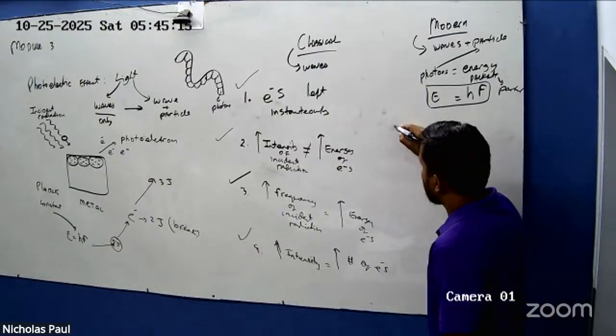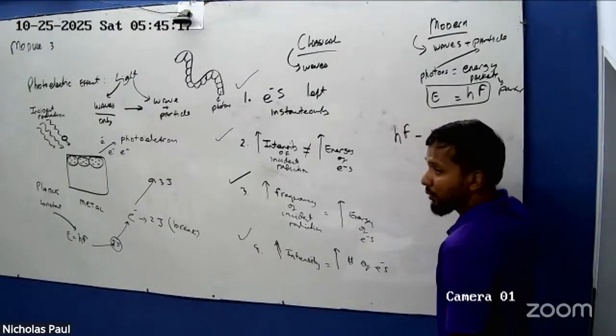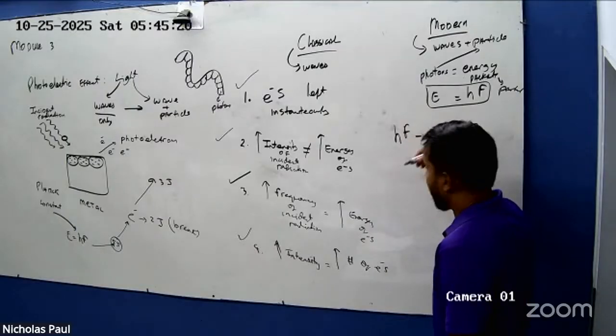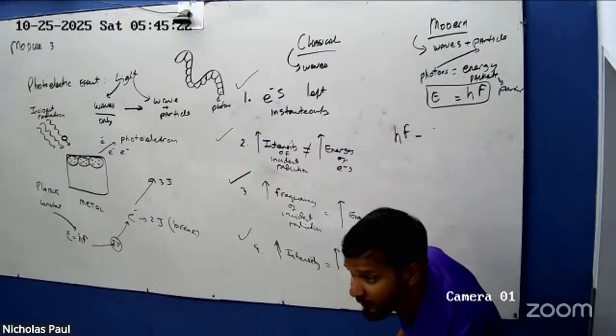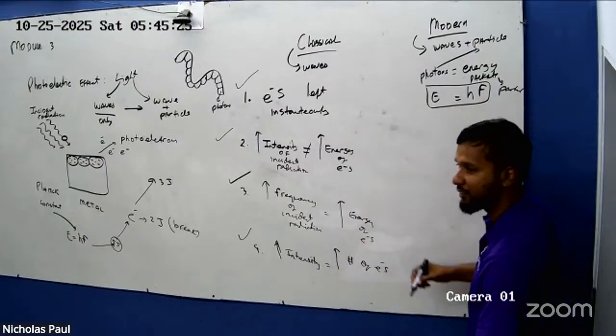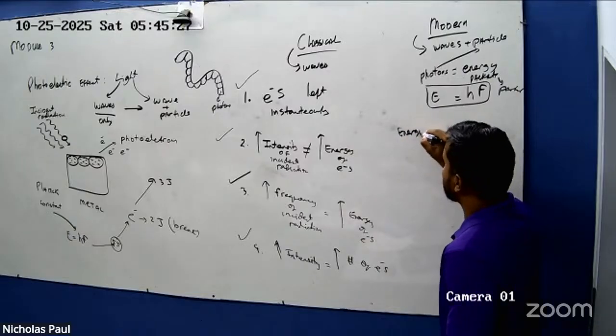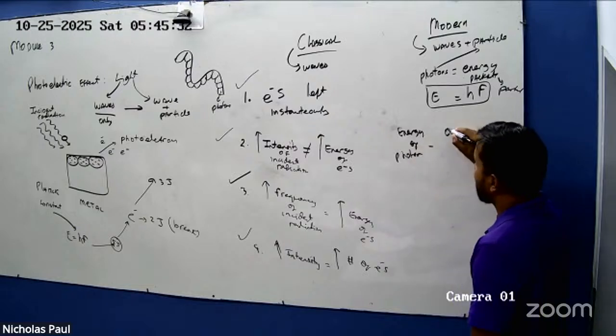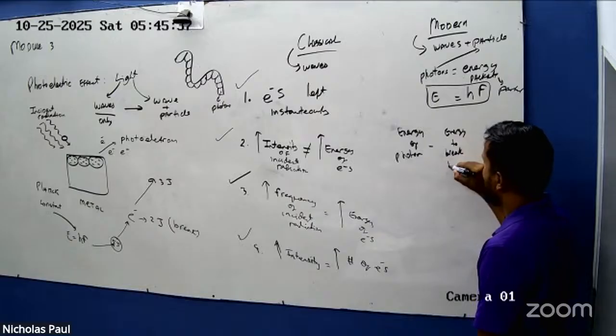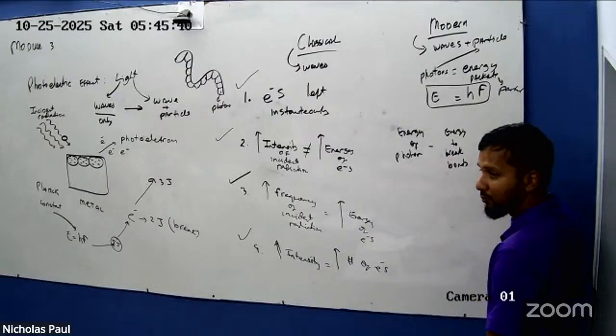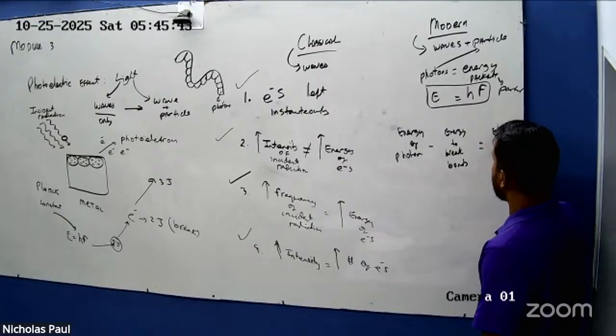HF minus the amount to break the bonds. Okay, let's use words and we'll put the values in there. Energy of photon minus energy to break bonds is equal to the remaining energy of electrons.